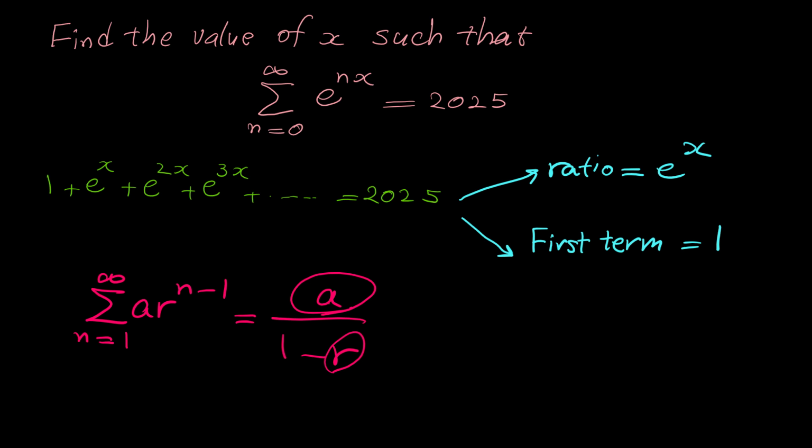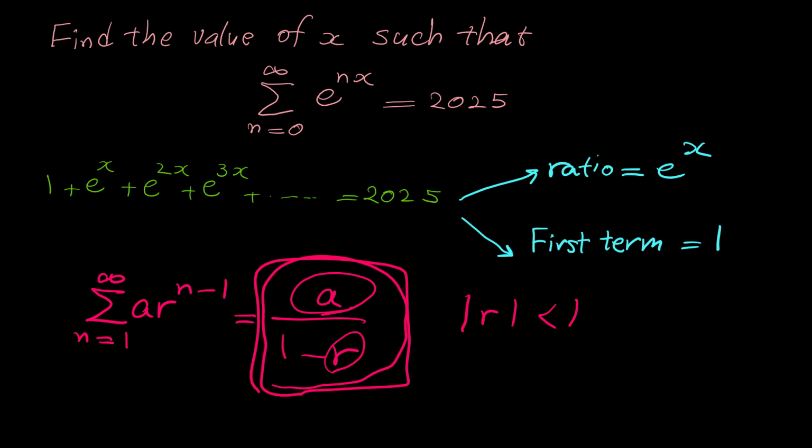This is the formula for the sum of a geometric series. And pay attention, this formula is valid only when the series is convergent, when the absolute value of the ratio is less than 1.